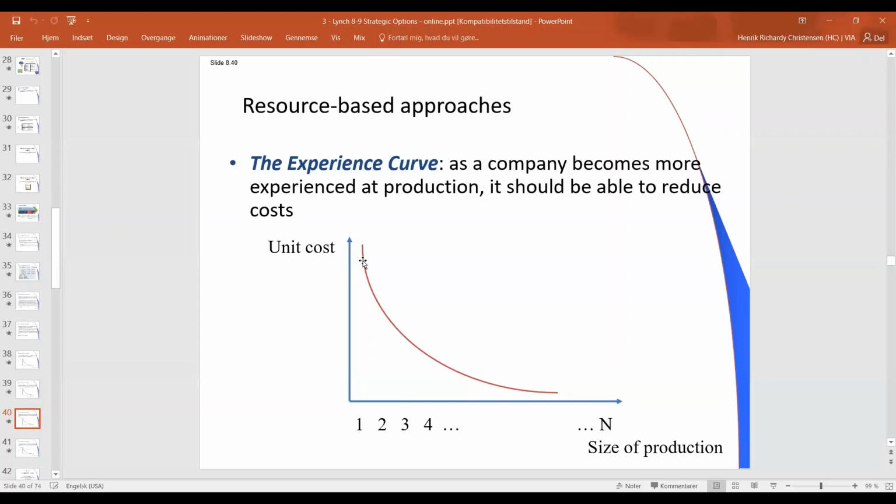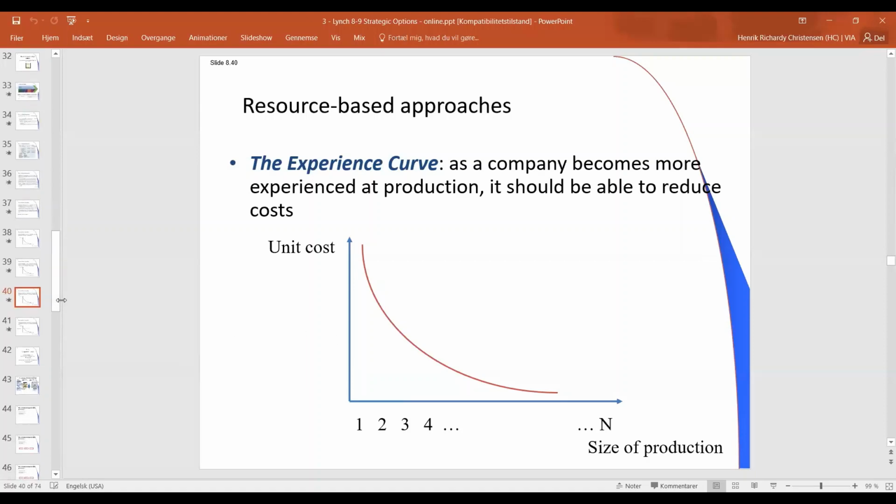But these 5 minutes, the operator can then spend producing the next item. So that means the cost goes down. So when we have experience, it simply means when people get more experienced and the organization gets more experienced because they produce more and more, then the costs fall. But we are specifically focusing here on the labor cost that's going down.